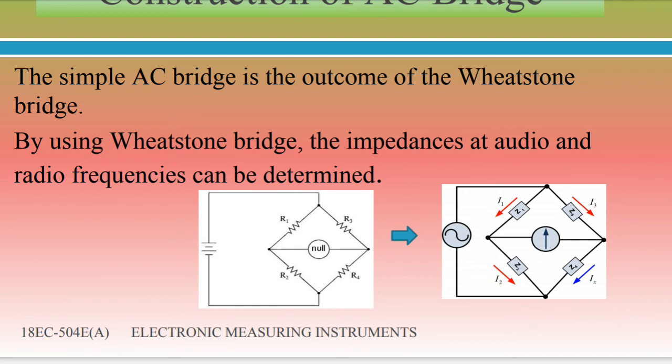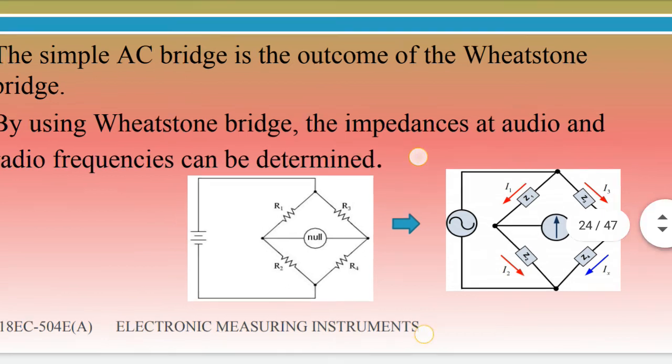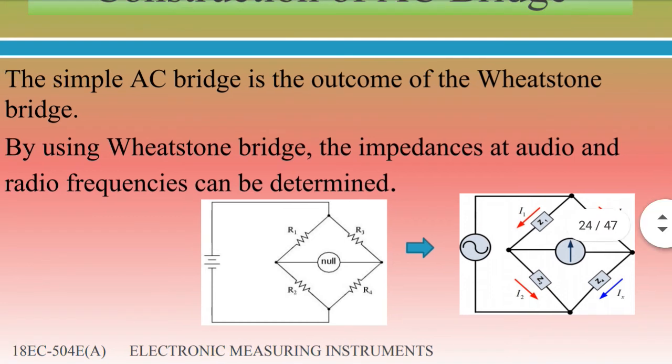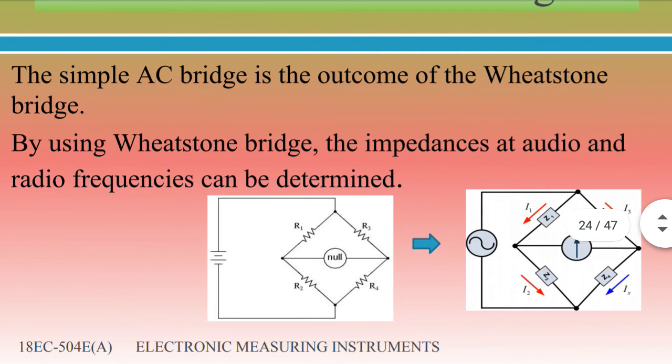So there are two differences: resistances are replaced with impedances, and the source of excitation is replaced with an AC supply. By using the Wheatstone bridge, the impedances at audio and radio frequencies can be determined.